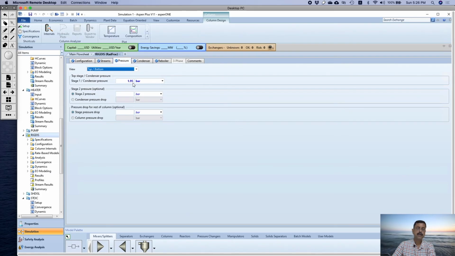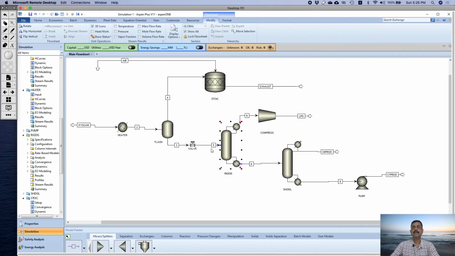So essentially we are saying that our feed pressure is 1 bar and condenser pressure is 1.95 bar, which cannot happen. I mean, unless we use some kind of pump or something, it cannot happen that way.